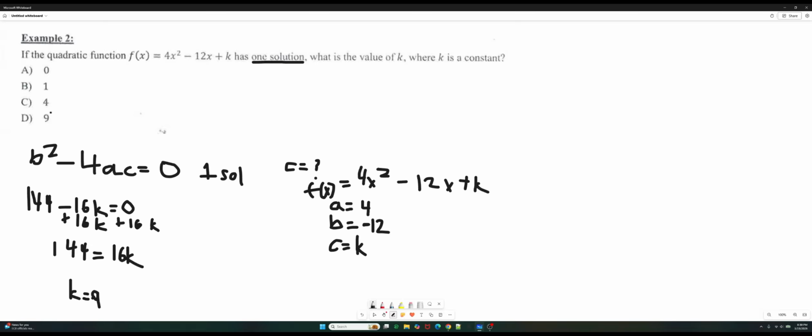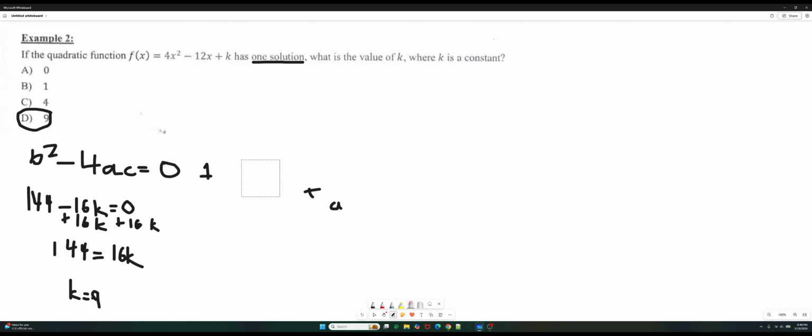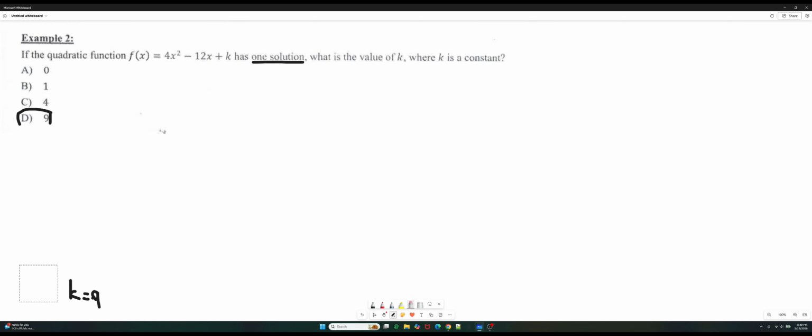So your answer choice here would be D. So that's how I could use this discriminant formula to solve questions that either ask you for an unknown value or just state, like they'll give you a quadratic equation and just ask you how many solutions are in this quadratic equation. So this is how you could easily do those questions.